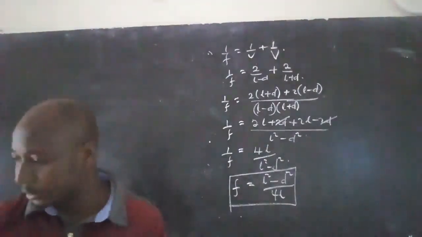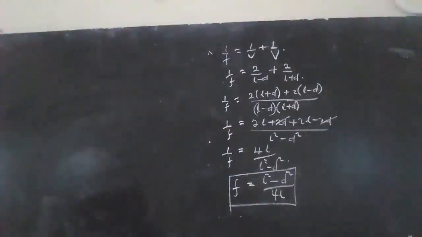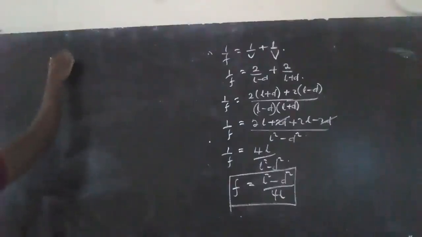Then the next. The other one is displacement of the lens, when the object and the image are fixed.